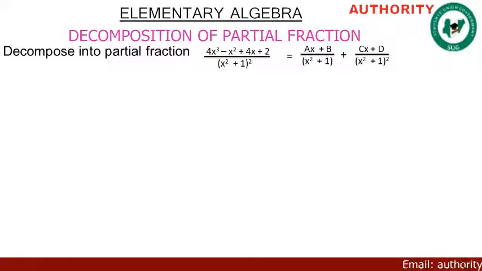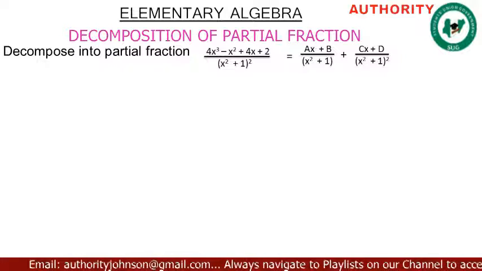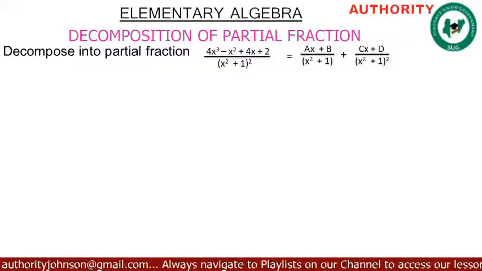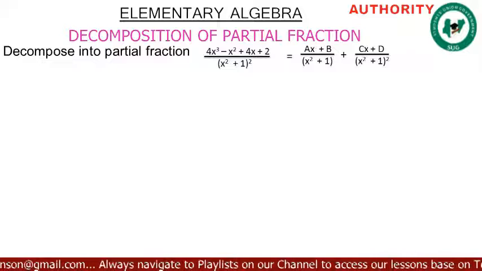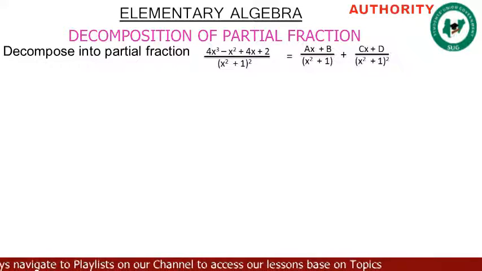So the repetition, we're going to have cx plus d all over x squared plus 1 in bracket raised to power 2. So we are having ax plus b all over x squared plus 1 plus cx plus d all over x squared plus 1 all in bracket raised to power 2.